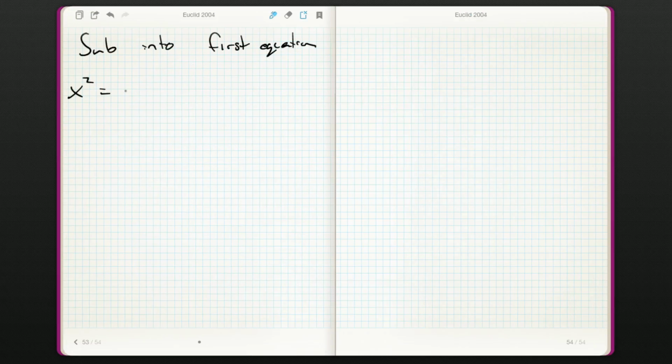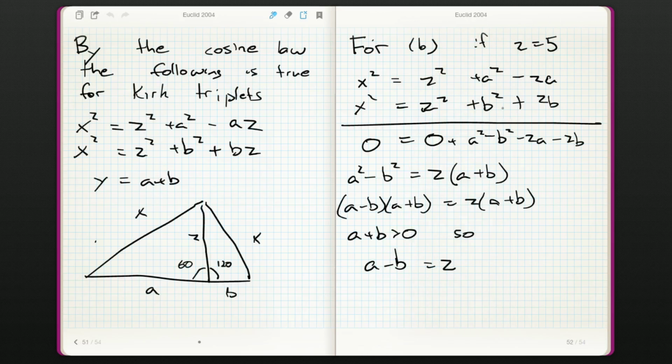So x squared is z squared, but that's a minus b squared, plus a squared is minus, right? It was minus z, but that's a minus b times a. Yes.